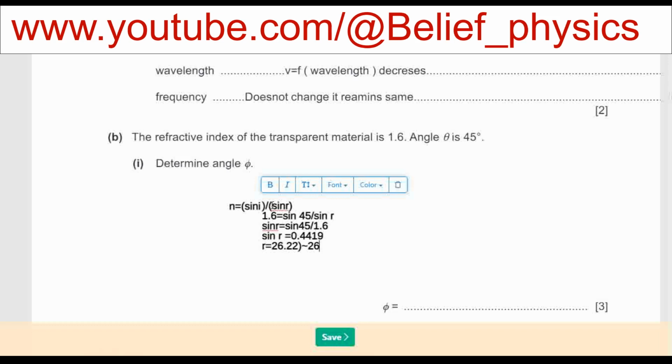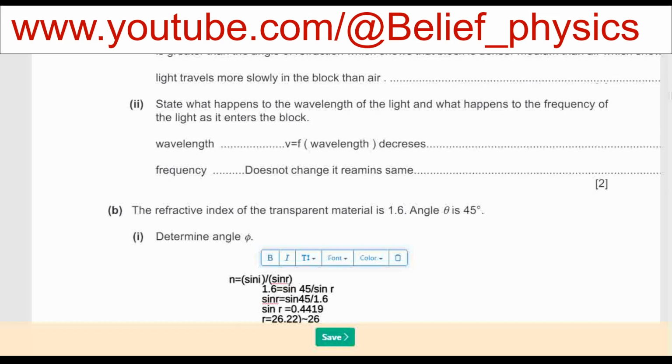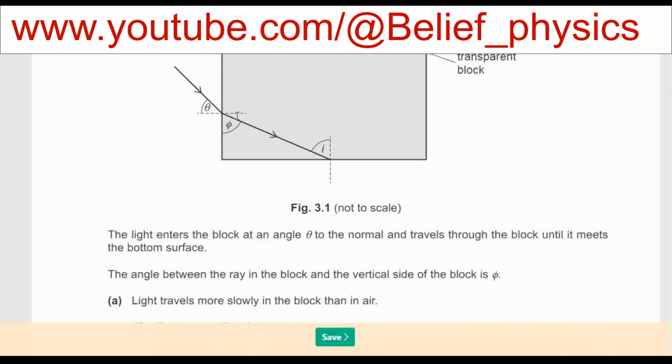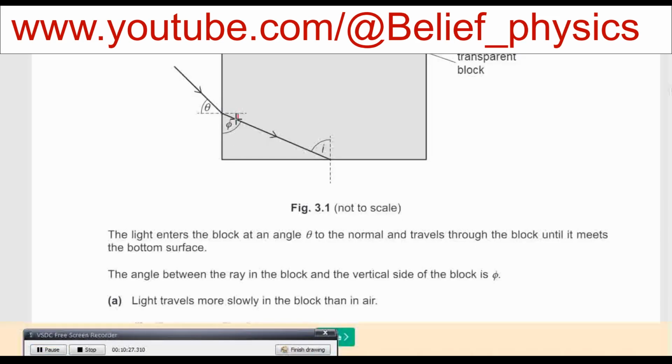Okay, we have to find phi. What is phi? Look here, we have calculated this angle. If I can draw it for you, this angle is r. This angle here is phi. r plus phi plus r is equal to 90.